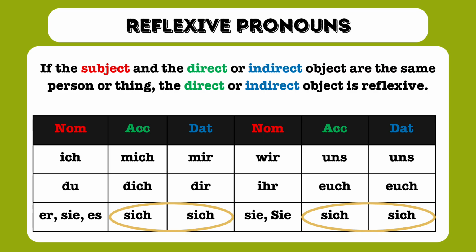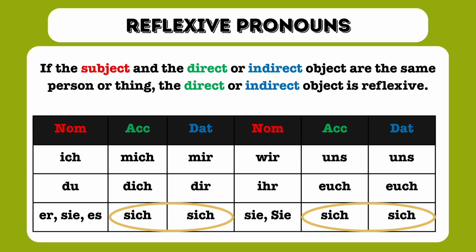You'll also notice that the rest of the pronouns are normal. They are exactly as they are for the personal pronouns, which means that you don't actually have to care whether it is reflexive or not most of the time, unless you get up to the er/sie/es form or the formal Sie or the plural sie, where it becomes sich. Otherwise, you don't have to care that it is a reflexive pronoun as opposed to a personal pronoun. In the dative case, we follow the same pattern.